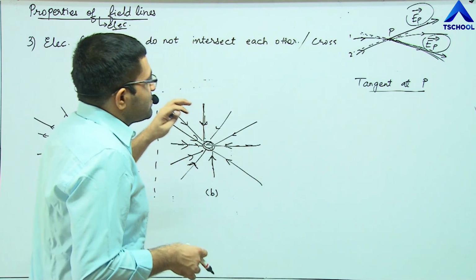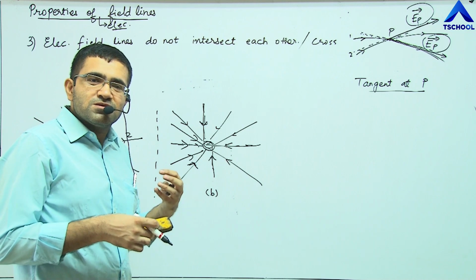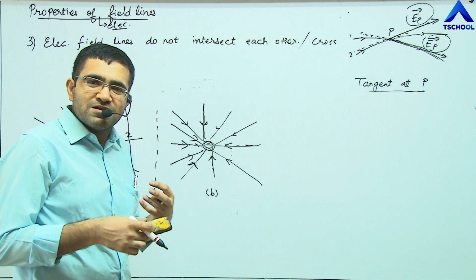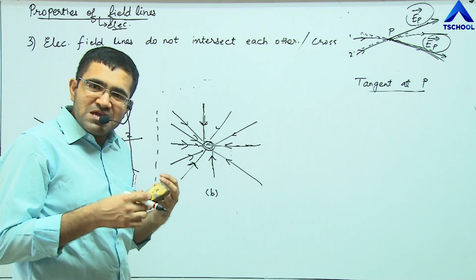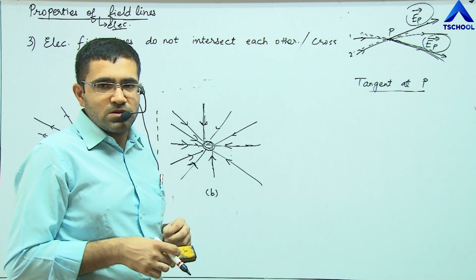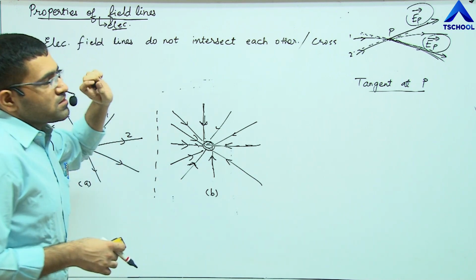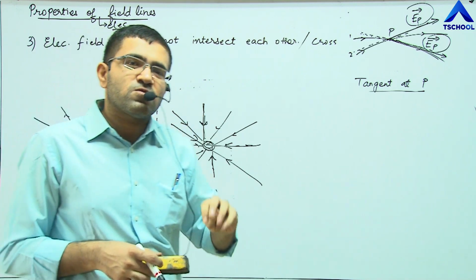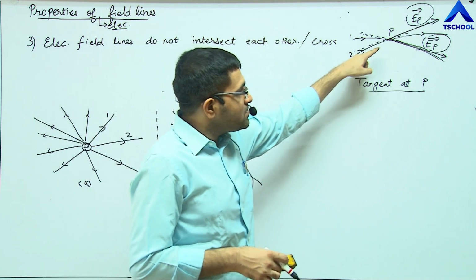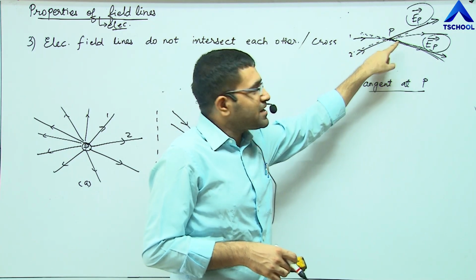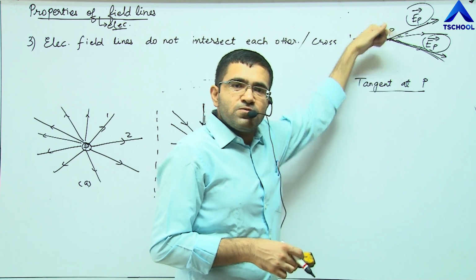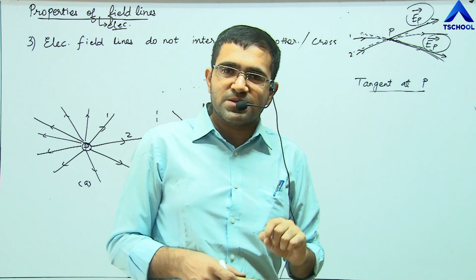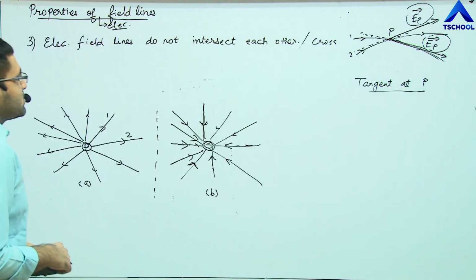Same thing, when we start describing and using the ideas of field lines, understanding how electric field and charges behave becomes very simple. So don't forget the third point. It's one of the most important things. Electric field lines can never cross each other, because if they did, we'd have the electric field at that point in two different directions. That's not possible. It has to be in one direction. That's why it can't cross. Okay, right?